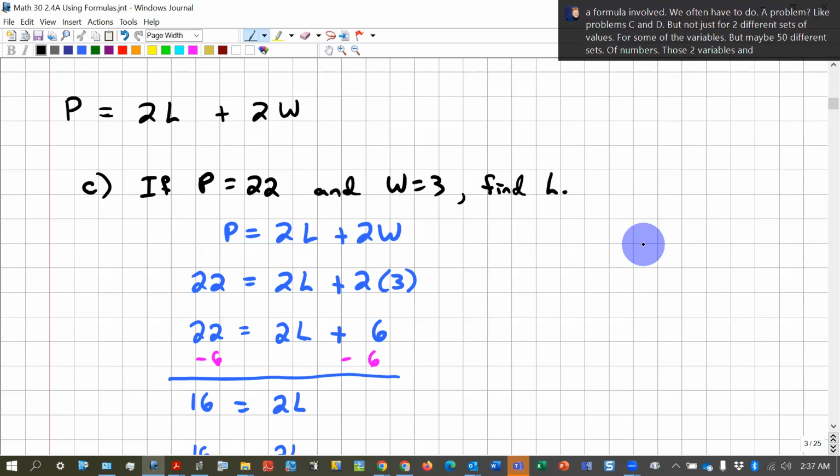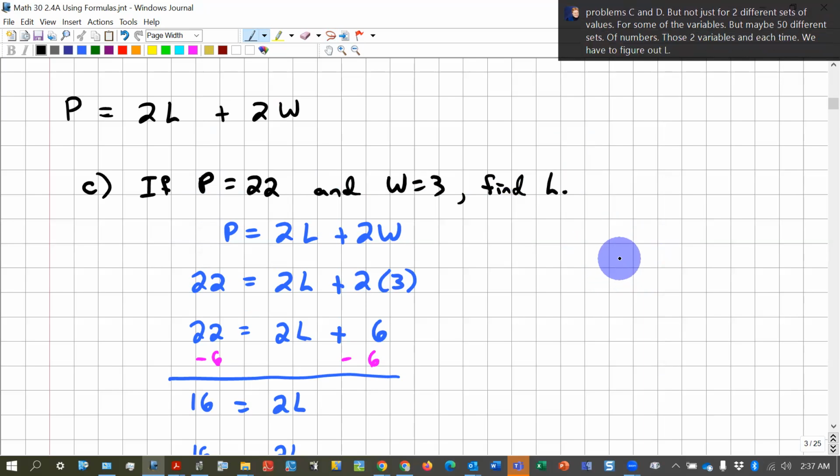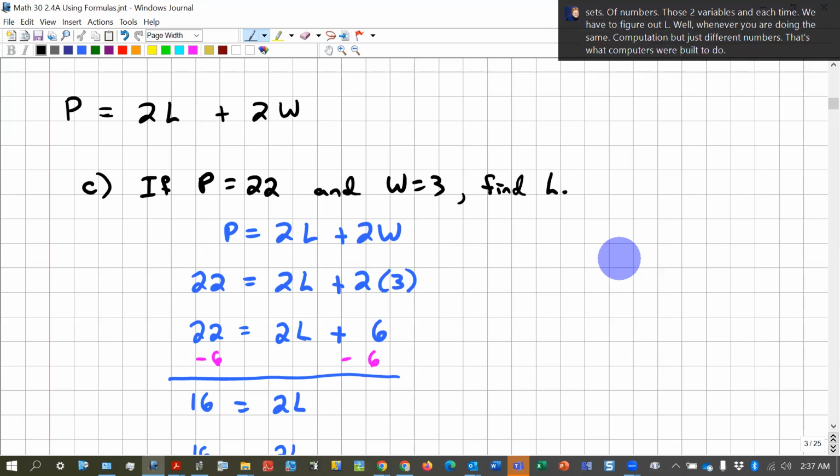And each time we have to figure out L. Well, whenever you are doing the same computation, but just different numbers, that's what computers were built to do. And in particular, spreadsheets can do that work very, very quickly. They can do a whole bunch of arithmetic in just a second or two.